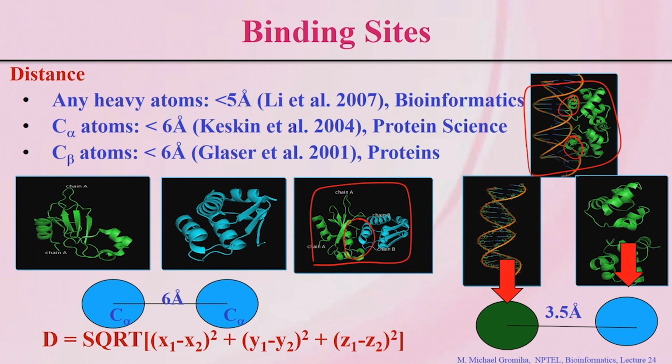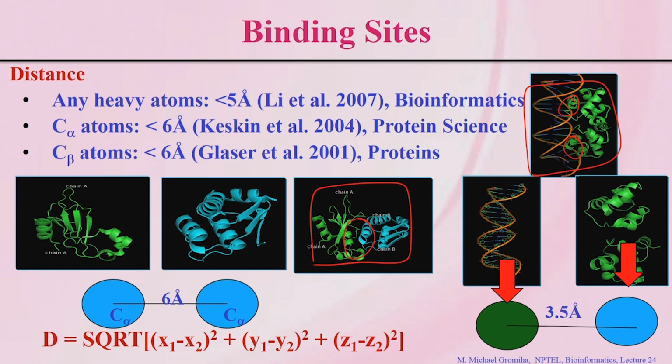For a uniform representation of these binding site residues, you can define the binding sites using distance-based criteria. For example, you can use the C alpha atoms, or C beta atoms, or any heavy atoms. Based on that we define the distance between these two atoms.